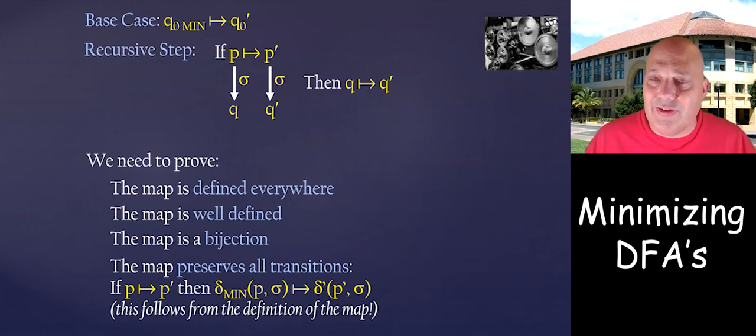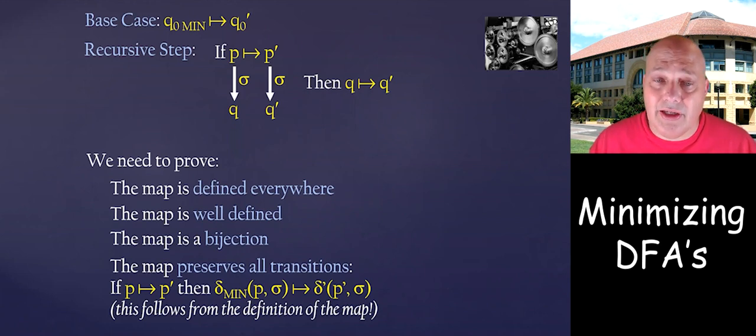So everything is great, but I can always have a one-to-one mapping from the states of one automaton to the states of another, if I'm not required that this mapping satisfy the condition of the transition function.